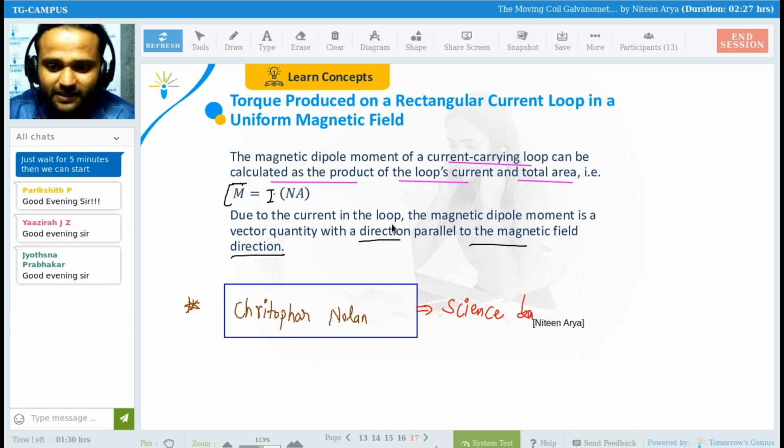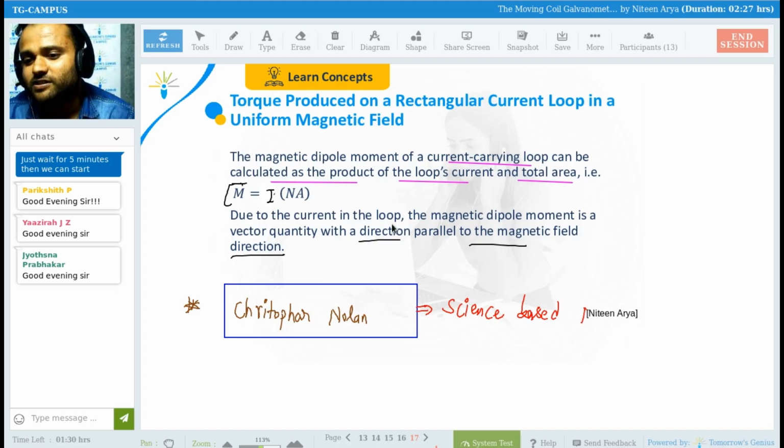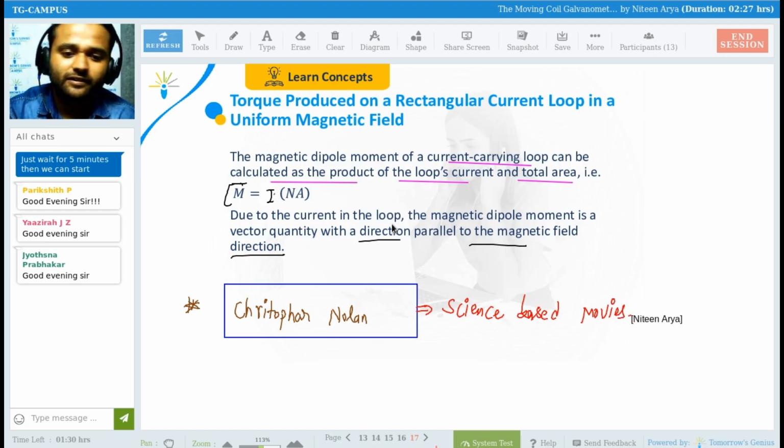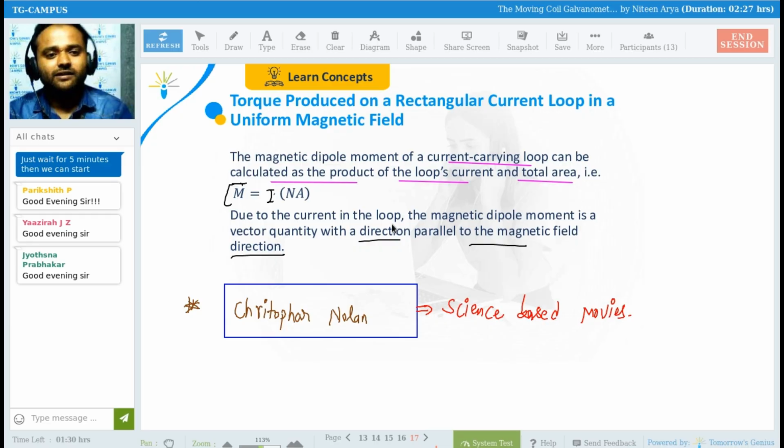Science-based movies. If my spelling is wrong, please correct me without hesitation. He creates very good, thoughtful science-based movies, like Tenet, Interstellar, Gravity, Martians, movies like this.